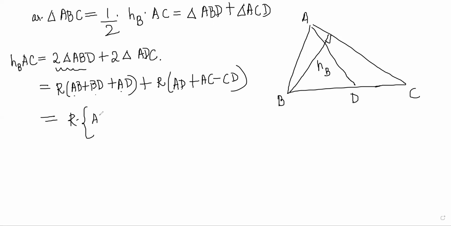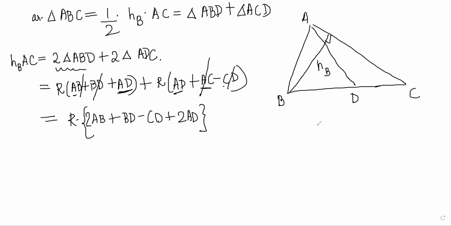Think about it. This is AB plus AC. So AB and AC are identical because it's an isosceles triangle. So we can write 2AB. We have removed this, we have removed this. And then you get BD minus CD plus BD minus CD. And you also get this I have removed and this I have removed. And you get AD plus AD. So you get 2AD, right?